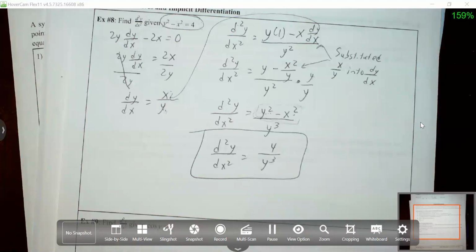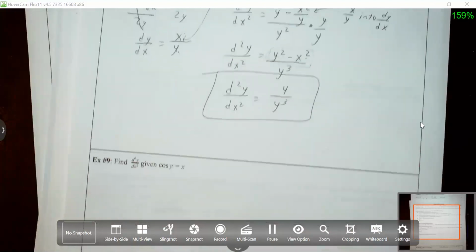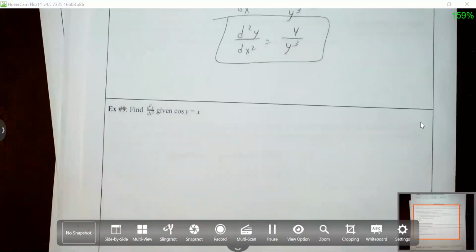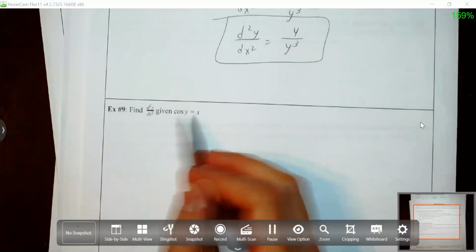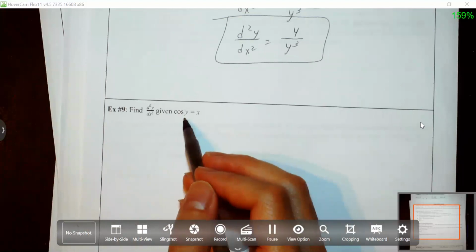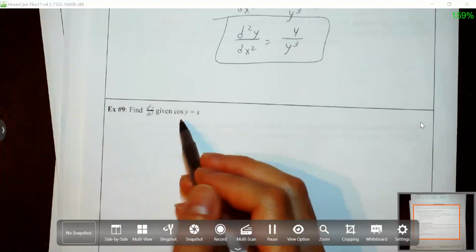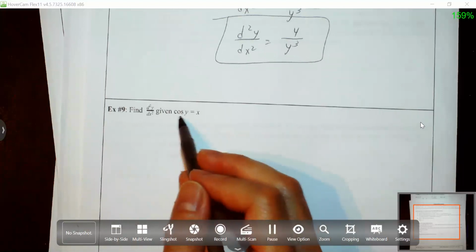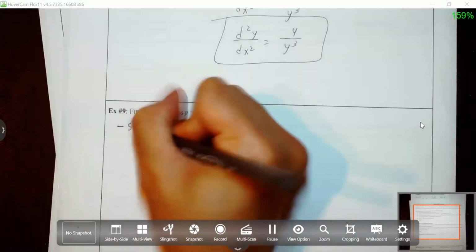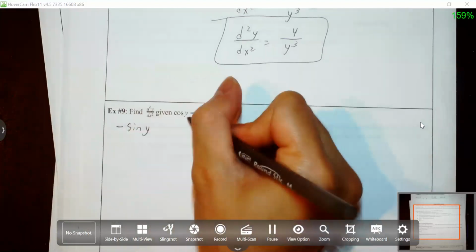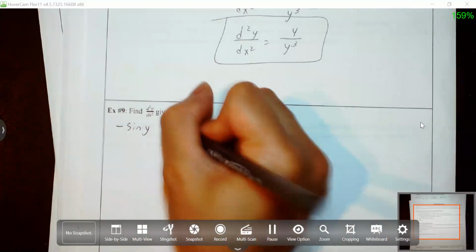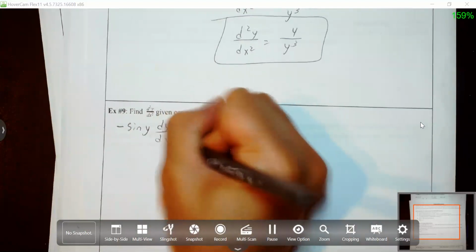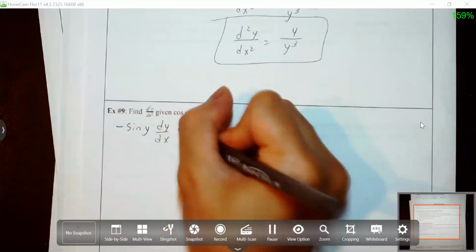So let's go ahead and take the derivative here for example number 9. So once again, this is implicit because there's a y and an x. We're not really going to solve for y here. So the derivative of cosine y is negative sine y, but since this is a y term, times dy over dx, and the derivative of x is 1.